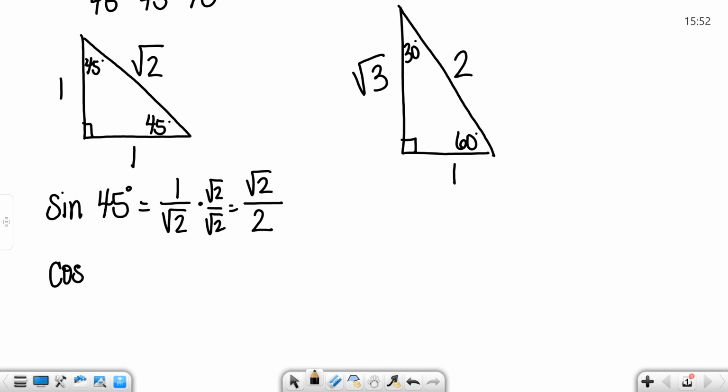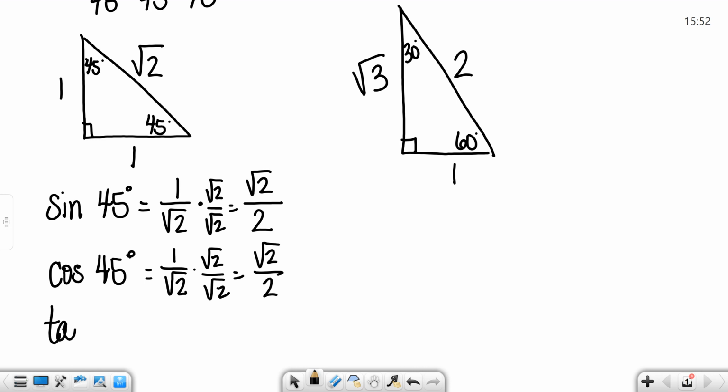Let's do the cosine of 45 degrees: adjacent over the hypotenuse. Rationalize, and you get exactly the same thing as the sine. The tangent of 45 is opposite over adjacent, so it's just 1.